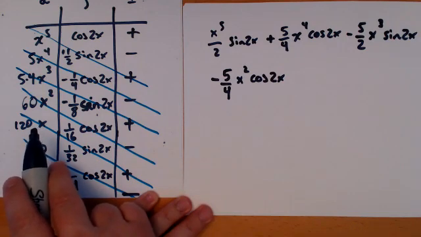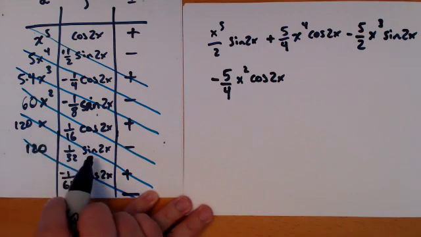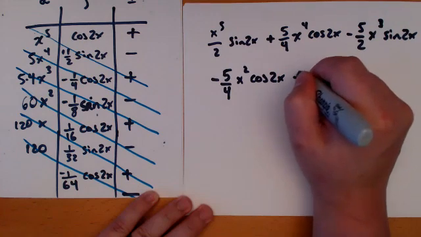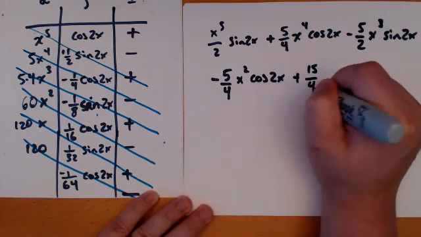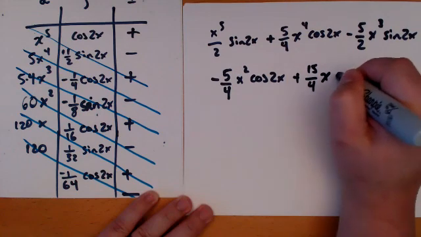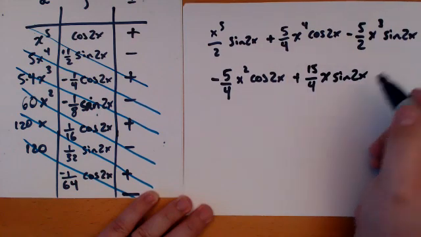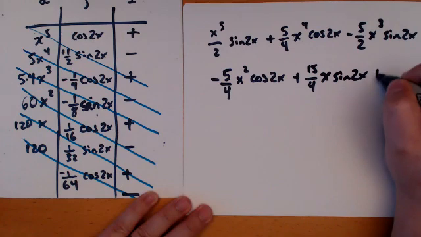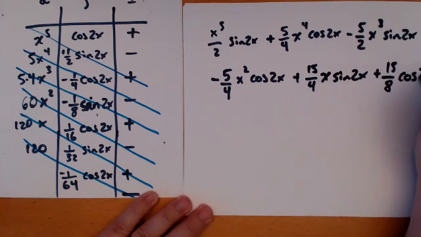I can pull out an 8, so that's going to give me 15/4, a single x and a sine of 2x. And then finally, a negative and a negative, the 120 and a 64 is going to give me a positive 15/8 cosine of 2x plus c.